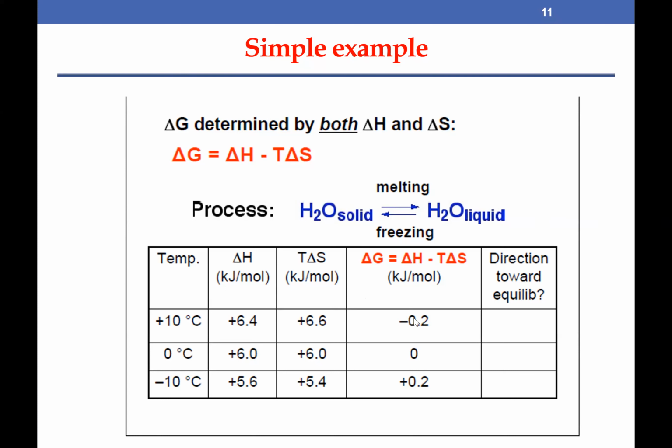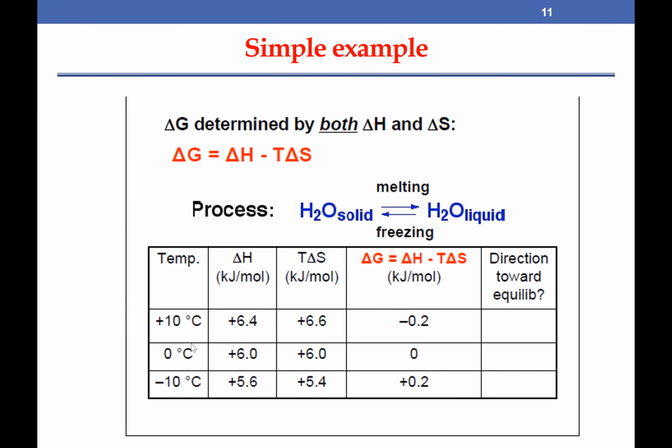So can anyone say if this is endergonic or exergonic reaction? Yep. So that means that this reaction is spontaneous. So it is going to happen easily. So ice is going to melt and become water at positive 10 degrees. So the forward reaction happens.